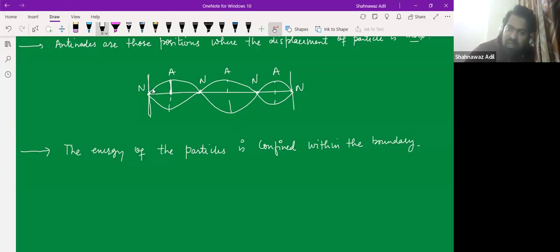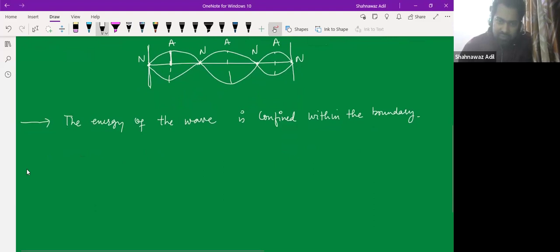Right, so no energy is going out of this boundary. So the energy of the wave or the particle, energy of the wave is confined within the boundary.